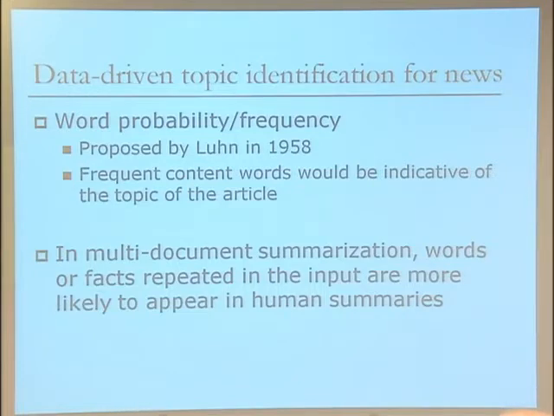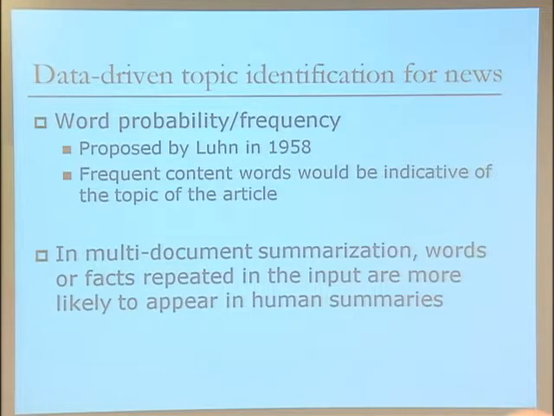And probably the most used feature, which was proposed in 1958, was frequency, and it's very intuitive, right? If you have a word reappearing over and over in your text, probably this is what your text is about, so probably the sentences you select should have this frequent word.